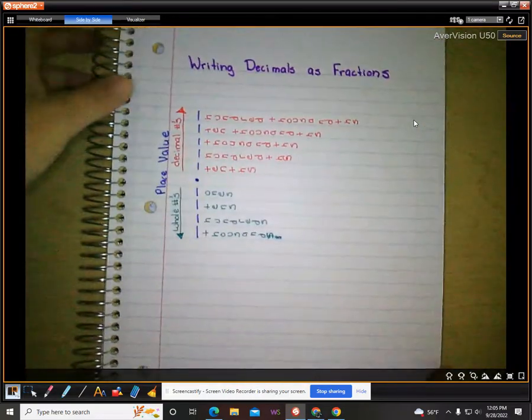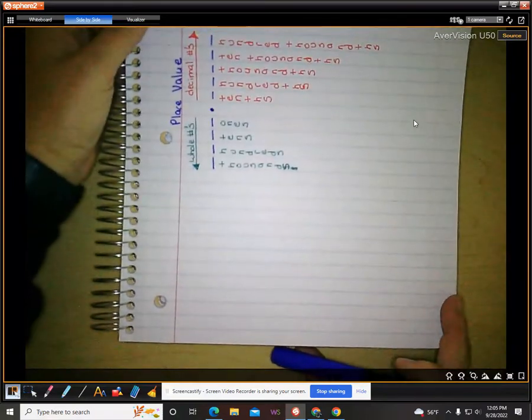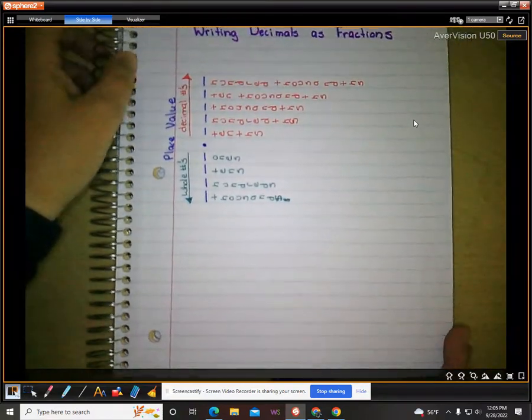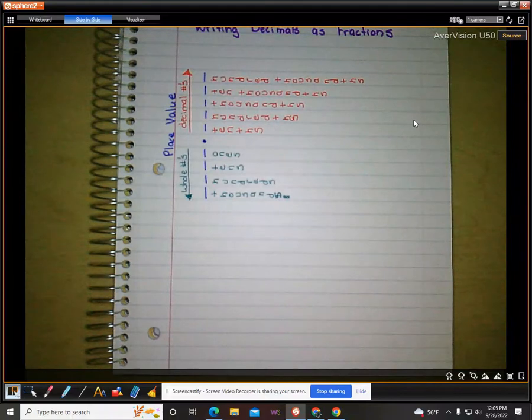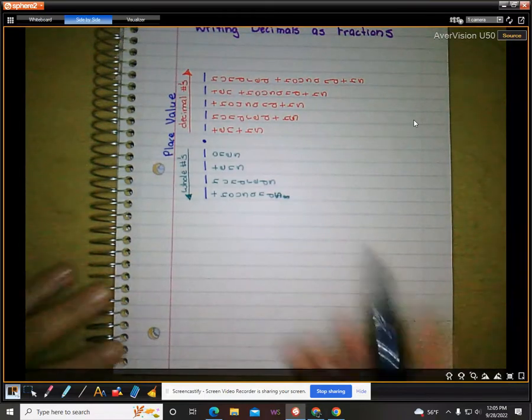All right. So now what we're going to look at is what it takes to write a decimal as a fraction. Okay. Basically, you just have to know how to read it. All right. So we've got 2 steps. I'm going to go through these.